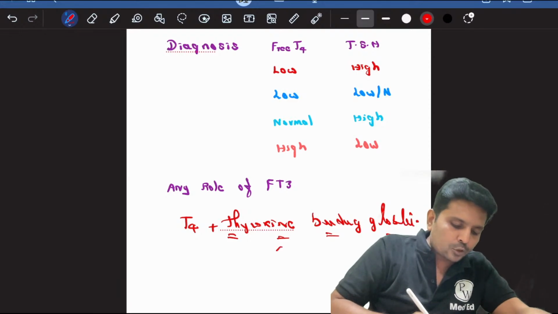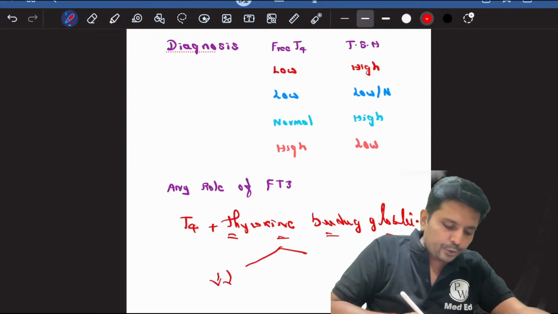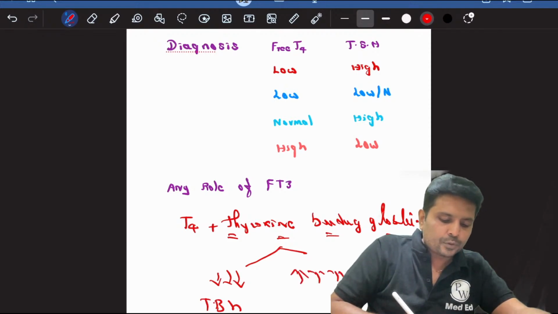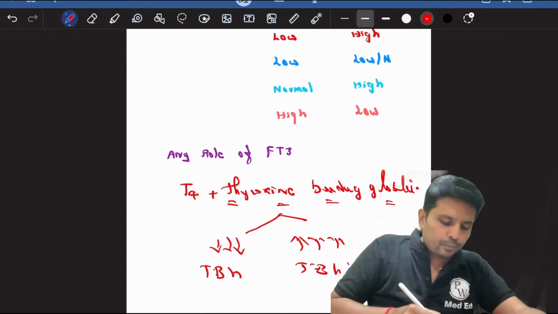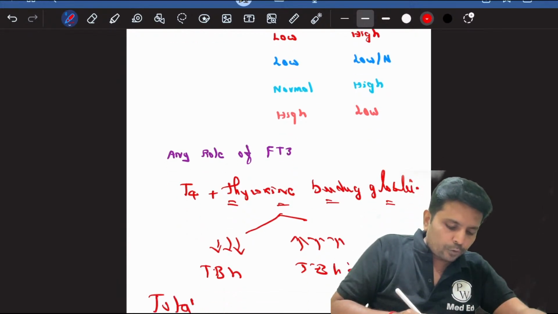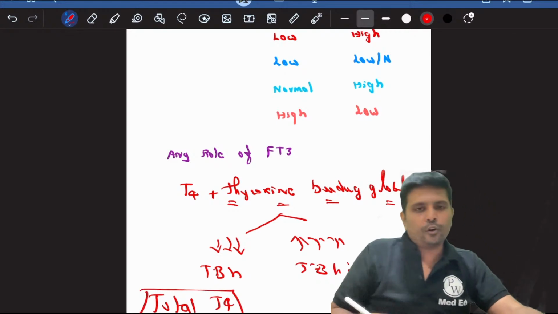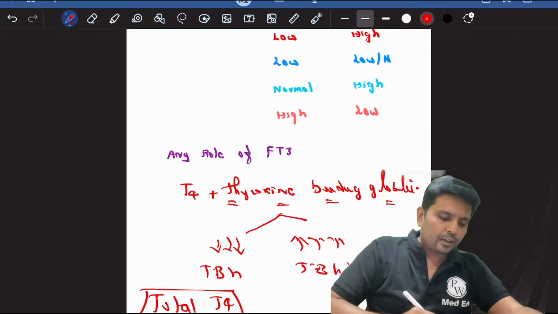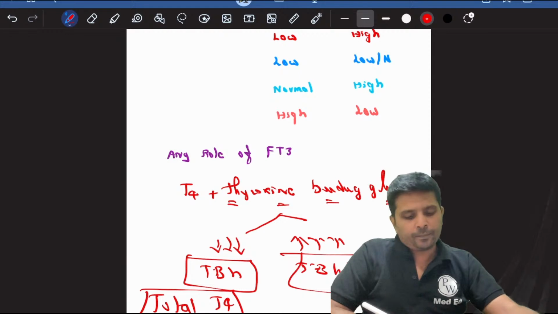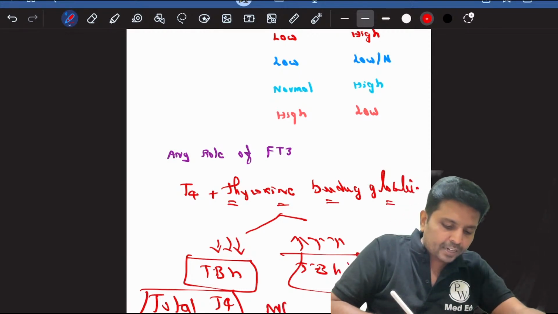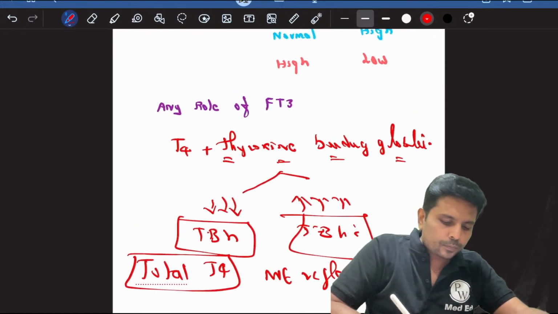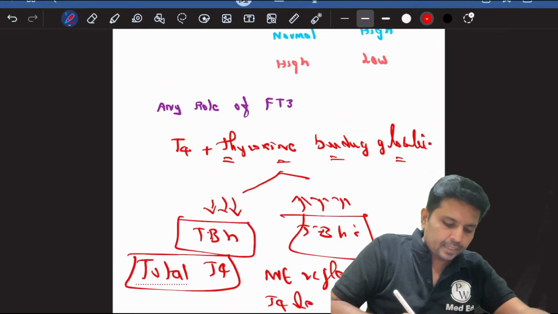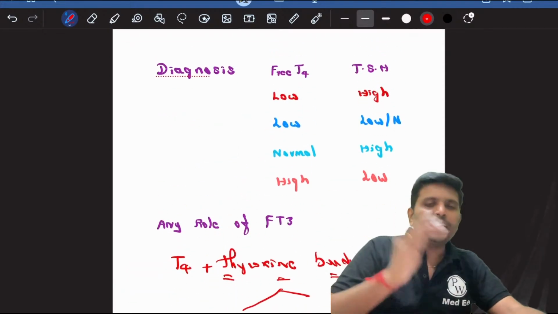But there are so many factors which can reduce or increase your thyroxine binding globulin, as a result of which when you measure total T4, it is under the influence of this thyroxine binding globulin, so it will not reflect the true T4 level. That's why we measure free T4.